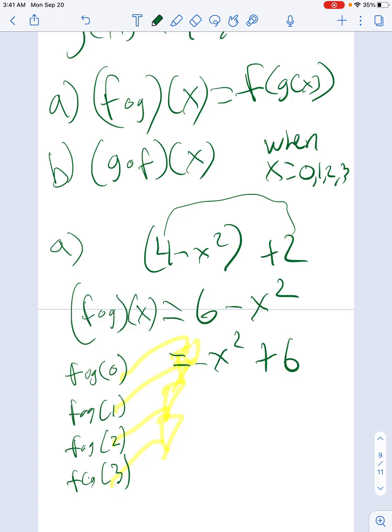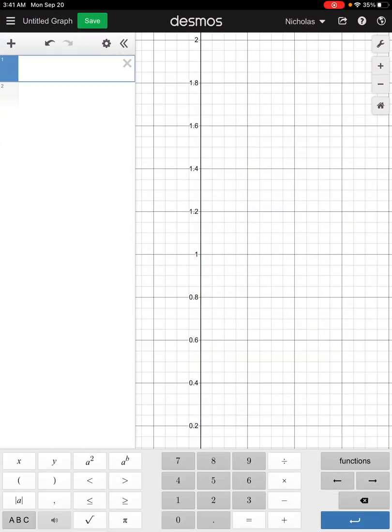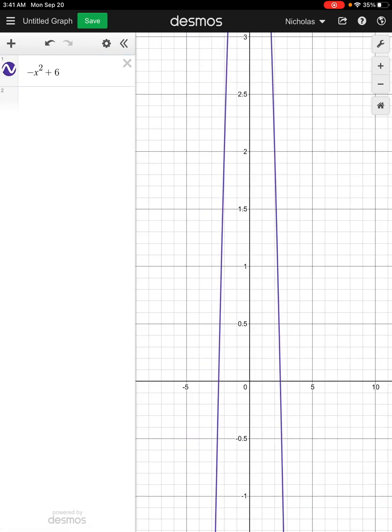So if we did that, we would get 6, we would get 5, we would get 2, and we would get -3. Now, you could do that. I would recommend using your calculator. Negative x squared plus 6.